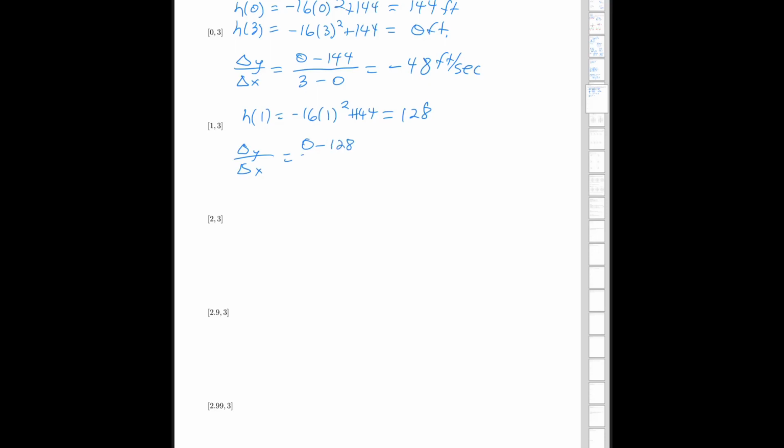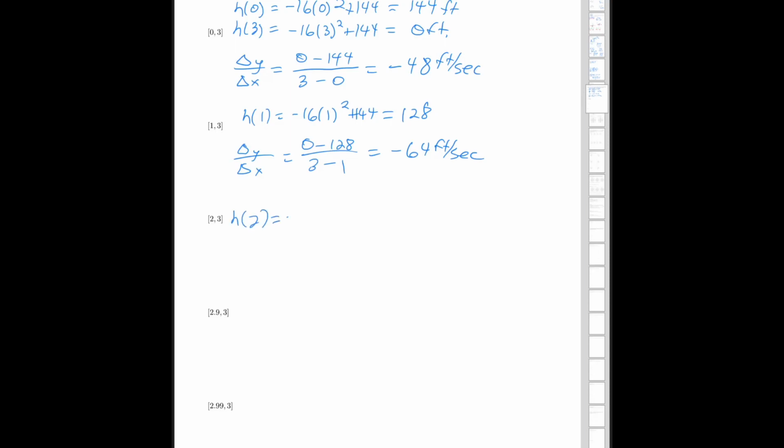At time 1, the height is 128 feet over 3 minus 1. So for each one of these, we're just going to change the last value here. Okay, so that's negative 128 divided by 2, so that's negative 64 feet per second. And then we can do the same thing for all of these.